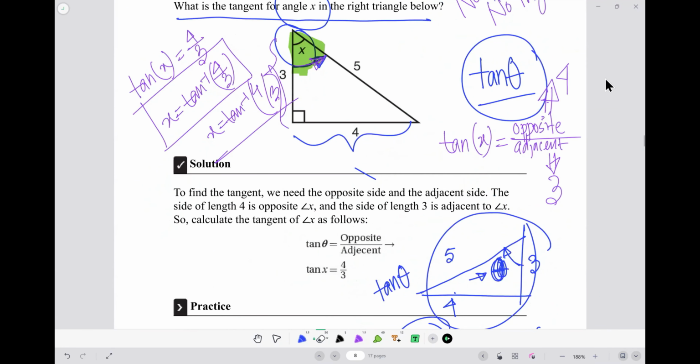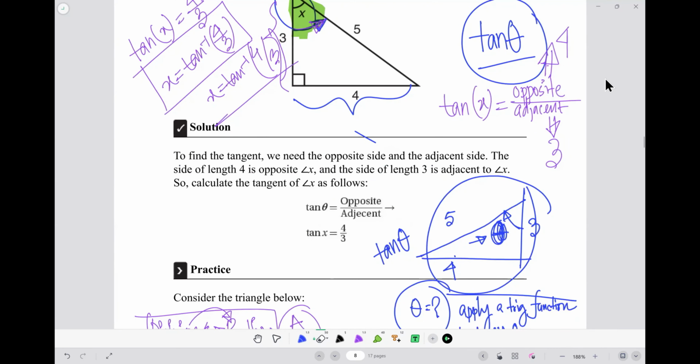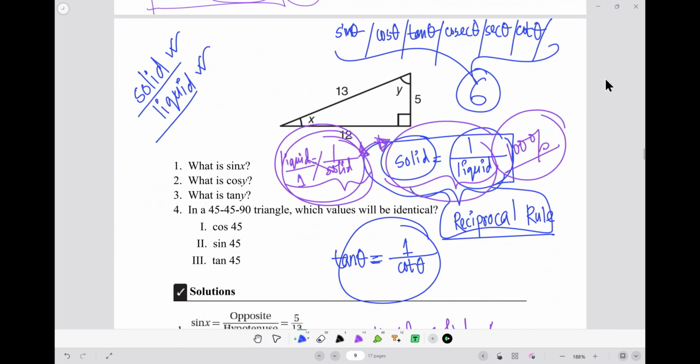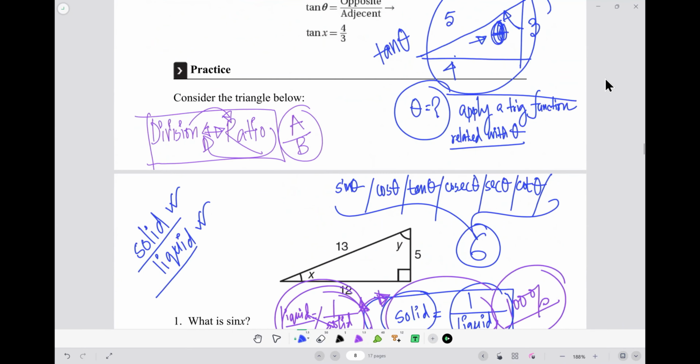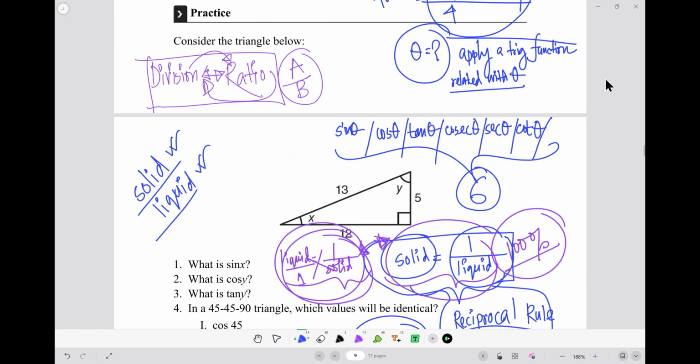Okay, so this is how we do trigonometric things. What is sin x? What is cos x?